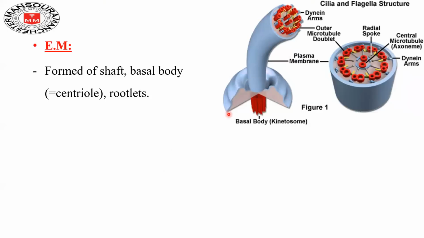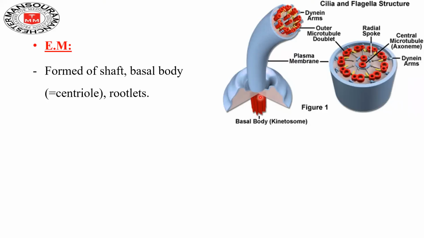Here is the cell membrane. Next to the cell membrane, directly inside the cytoplasm, we have what we call the basal body. And here we have rootlets, which are like fibers projecting from the cilium into the cytoplasm of the cell. This shaft is the projecting part outside the cell. Basal body is the same as centriole, as we mentioned.